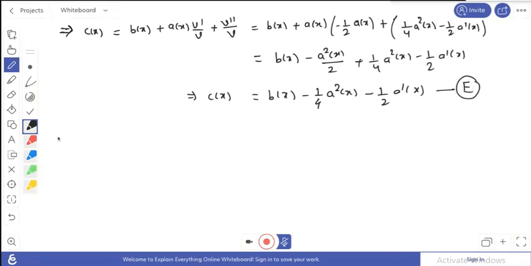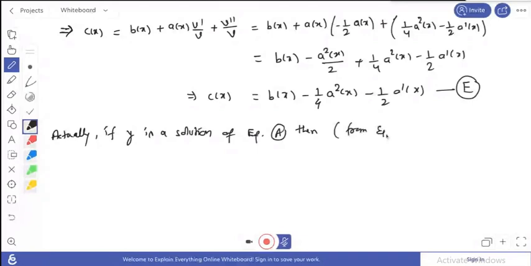Actually, if y is a solution of your equation A, which you initially take, then from equations C and D you can write your zx.